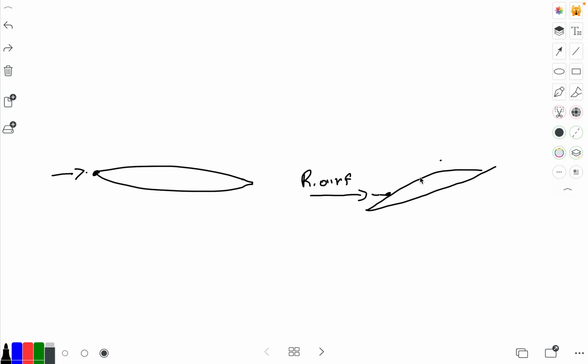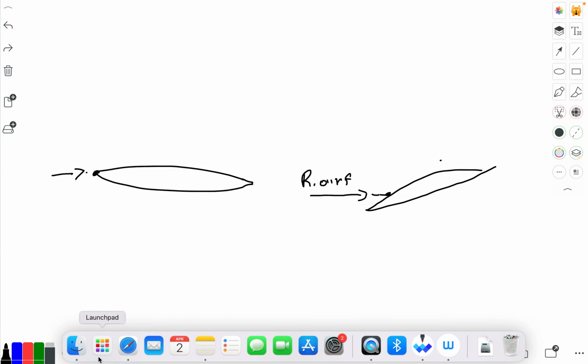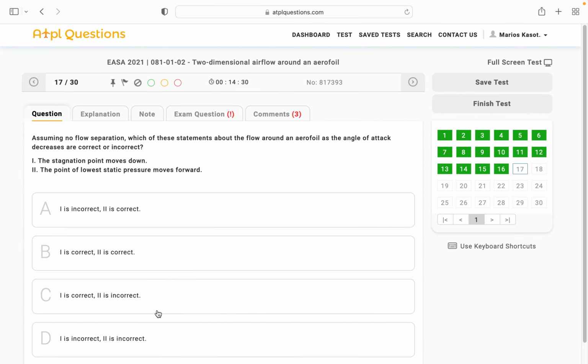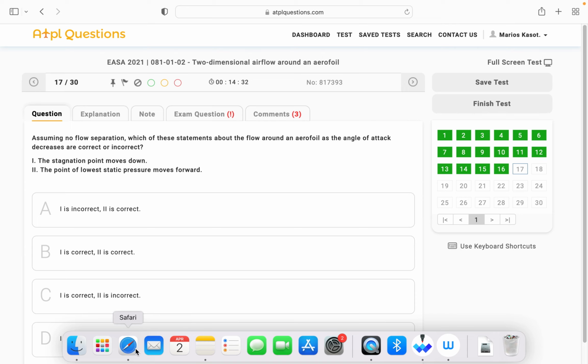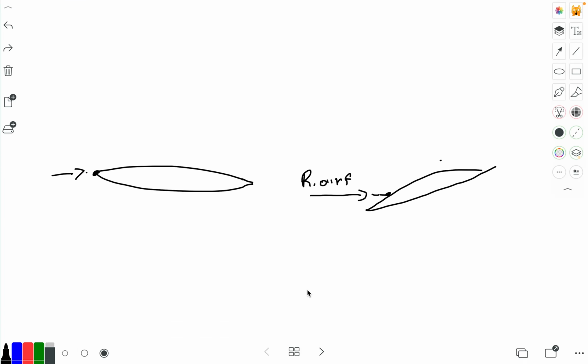Here the lowest increase. The point of the lowest static pressure moves backwards. So if we increase the angle of attack, let's say, like that.